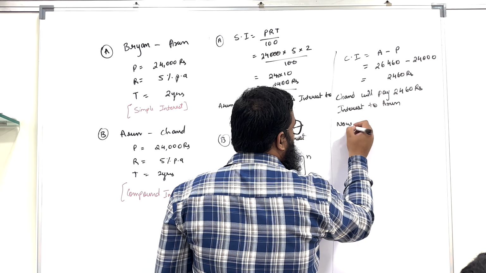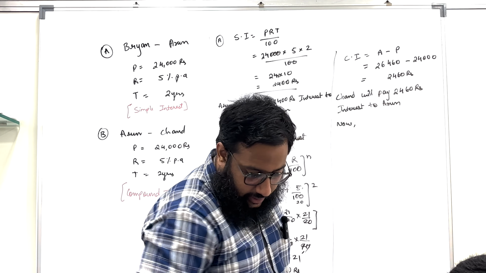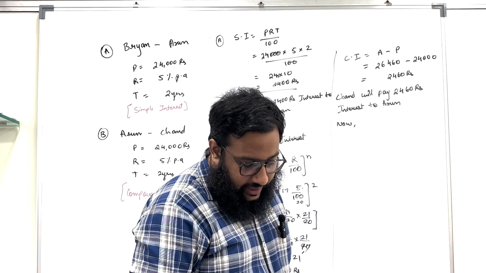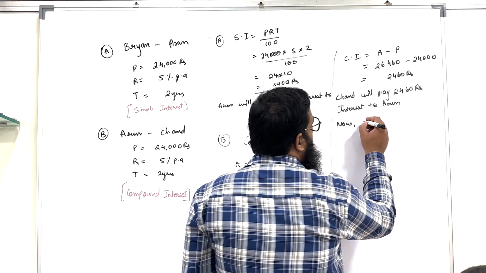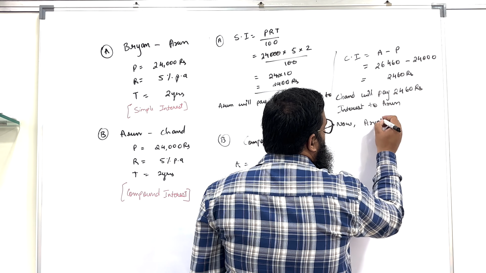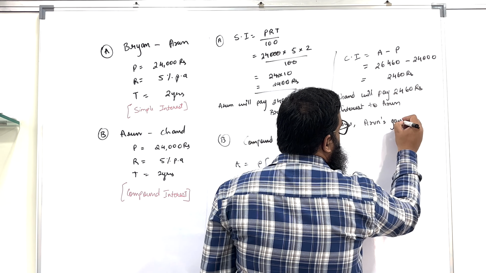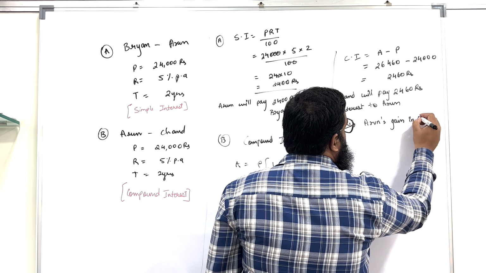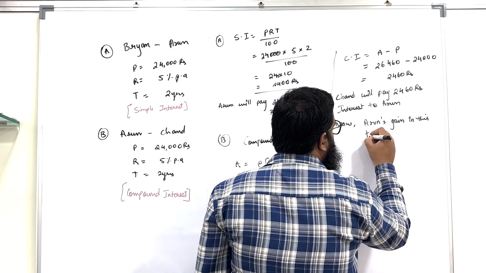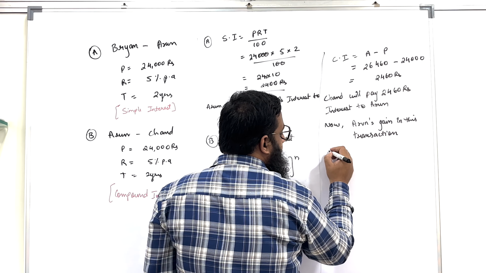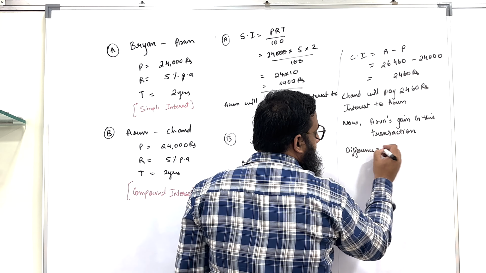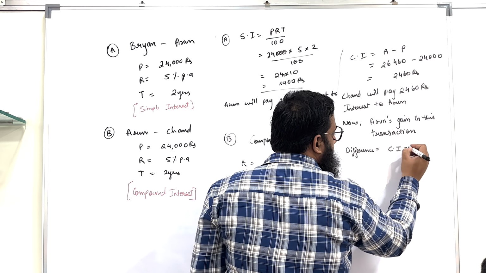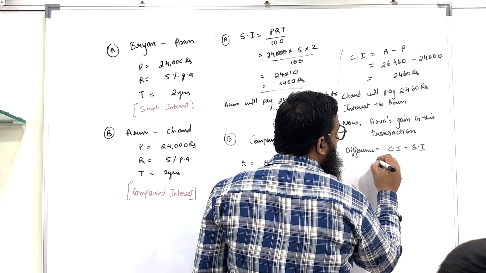Now, the question they have asked us: what is Arun's gain in this transaction? So we'll find the difference. Difference is equal to compound interest minus simple interest.